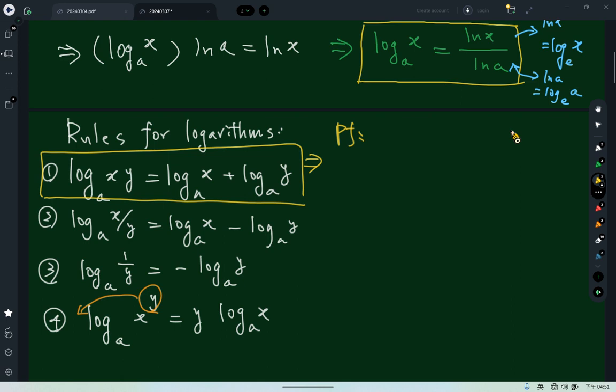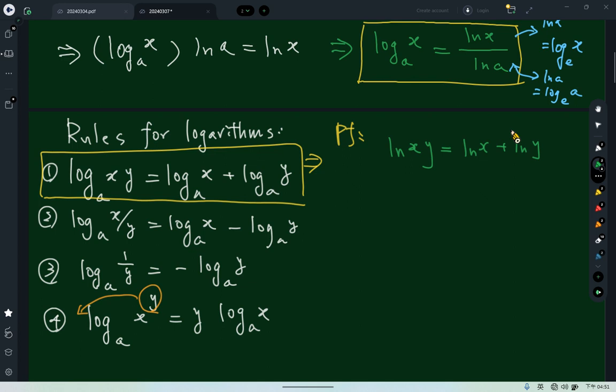In the earlier section, we already know ln xy is equal to ln x plus ln y. Do you still remember this? Originally, this is multiplication.